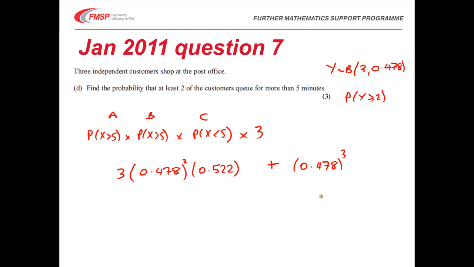Okay, so working all of that through and adding it all together will give you 0.467. So you get a method mark and an accuracy mark for recognizing the situation and dealing with the correct probabilities, and then you get an accuracy mark for getting the correct final answer. So to get the accuracy mark, we must have this addition, and we must have both situations here.